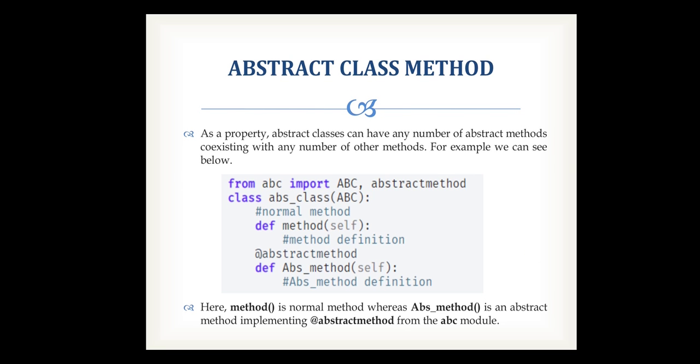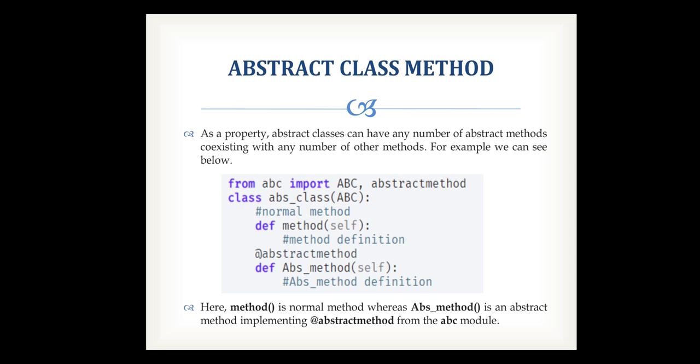So we'll see how to create an abstract class. Import the ABC module and the abstract method, then create an abstract class. In parentheses specify the module, that is ABC.